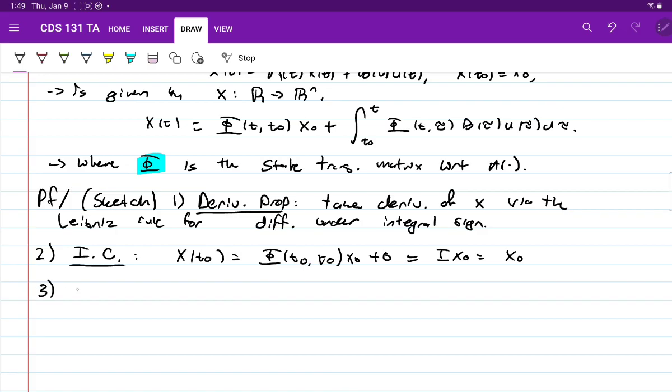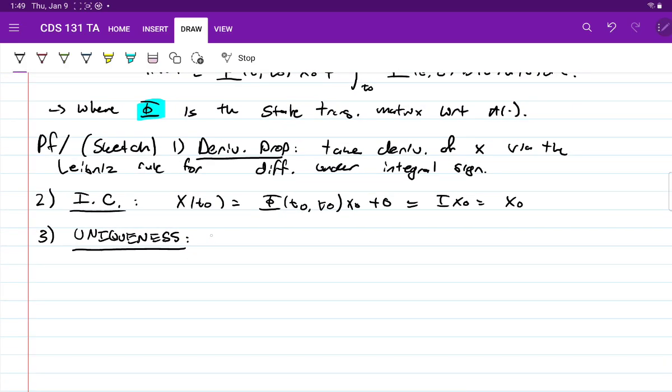Then finally, for uniqueness, you just do the same thing that we've been doing for uniqueness so far. So you just take two solutions, subtract, take the norm of the difference, and apply Gronwall.